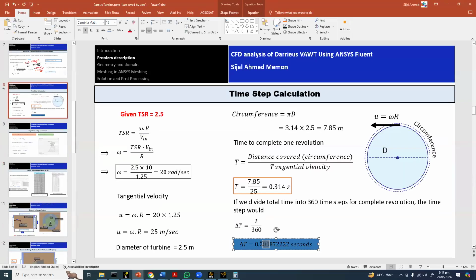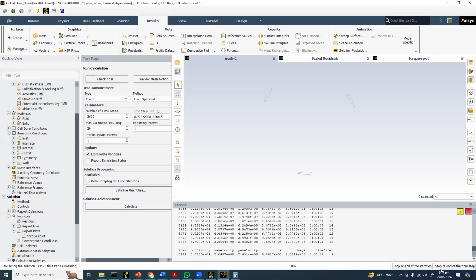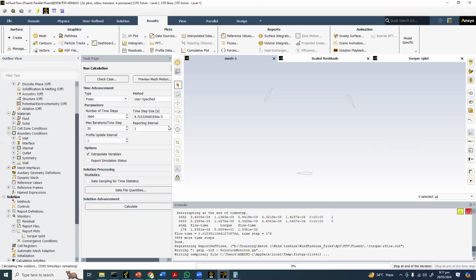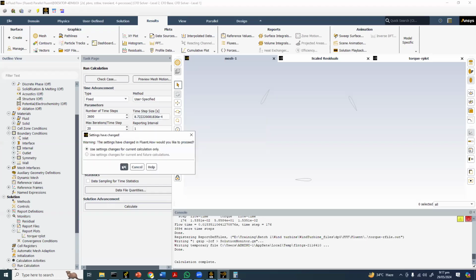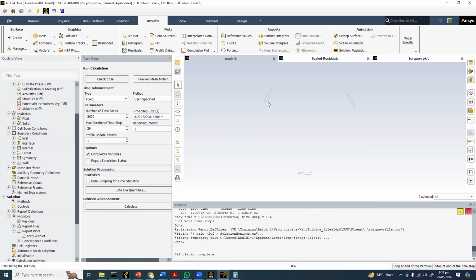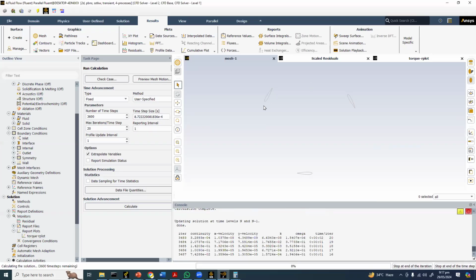One thing: there are three zeros, but we put four zeros. It should be 10 to the power minus 4, right? Calculate again, because it only advances very few positions. That was the indication that something was wrong here.